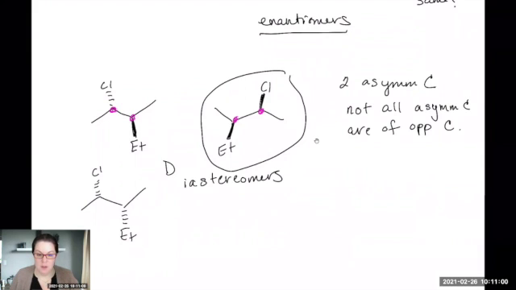Okay, so let's talk about some of what we covered this week. In addition to the stereochemistry, we started talking about reactivity and relative reactivity. I'm going to skip number 3, unless you would like me to talk about it.